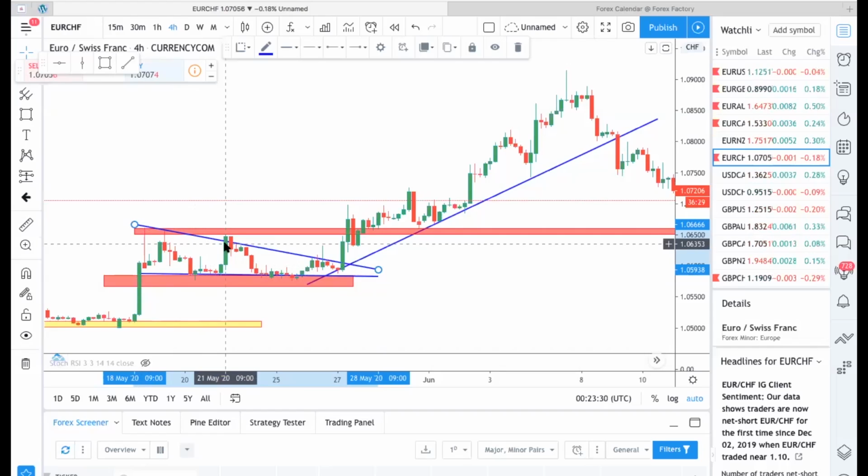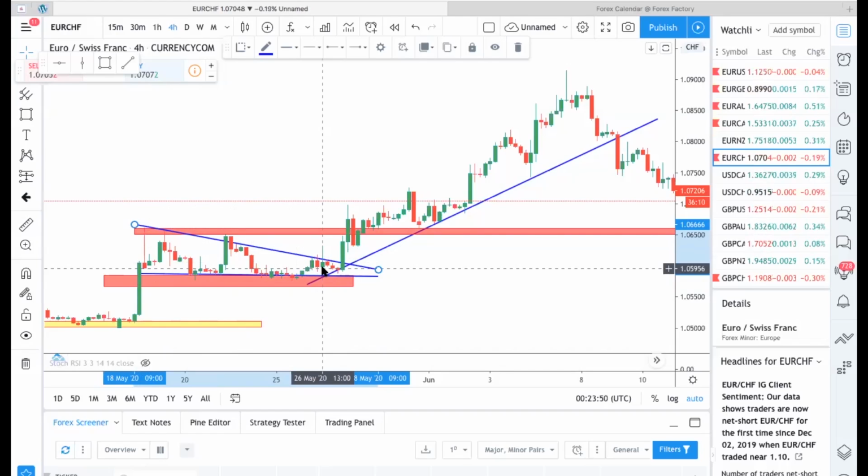But as you can see, the range between the buyers and the sellers is getting smaller and smaller. Realize we had this big gap here, then a small gap here, then a smaller gap here. So what this is telling us is that there is indecision in the market. No one knows where the market is going.